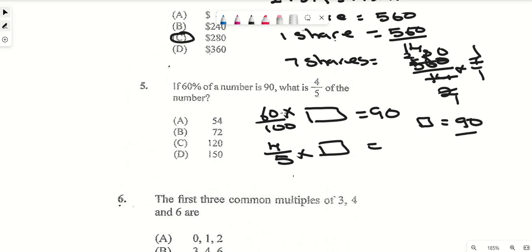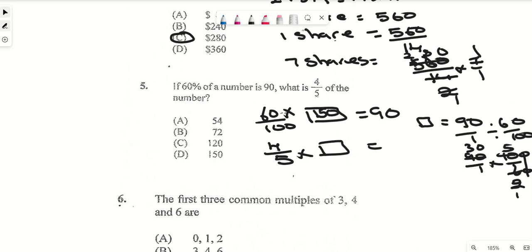So 90 over 1 divided by 60 over 100, which would be 90 over 1 multiplied by 100 over 60. Cross out these two zeros. We say 3 could go into 90 30 times, and 3 could go into 6 2 times. Right, and then 2 could go into 10 5 times. So we get 30 by 5 is 150. So the number here is 150.